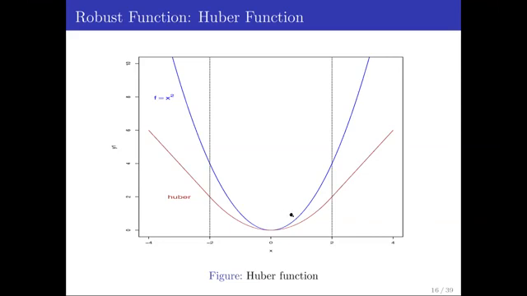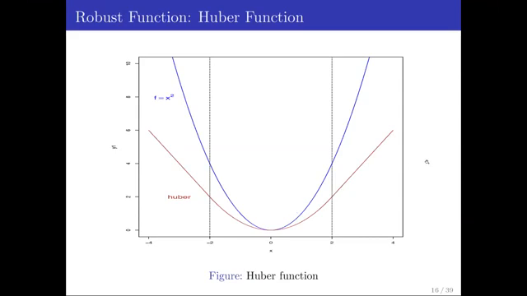However, if you look outside this range, for example at the point where x equals -4, then the square function result will be 16. However, for the Huber function, that would just be 6. So the gap between these two functions is already 10. So it's easy to see what's going to happen if x goes to something like 40, 100. So this plot, in my mind, just tells you the function of this Huber robust function and why we think it works for us.